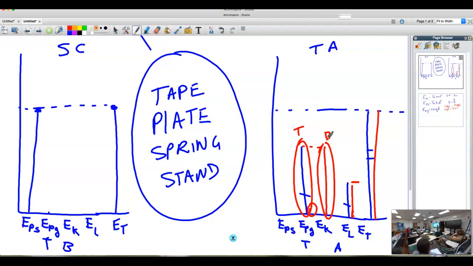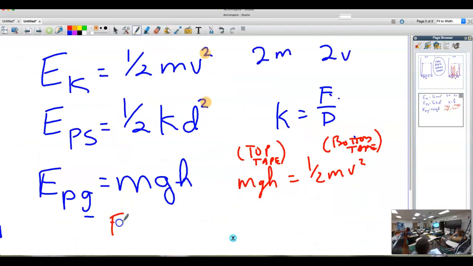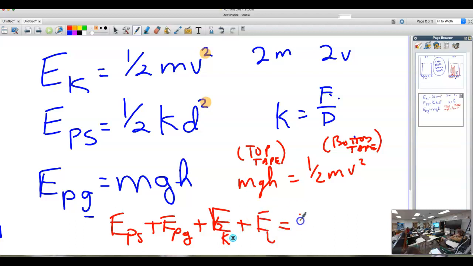So the potential gravity plus the kinetic energy is gonna equal the total. So at any point, when I add potential spring plus potential gravity plus, let's write kinetic, plus the loss, that's going to be the total, right?